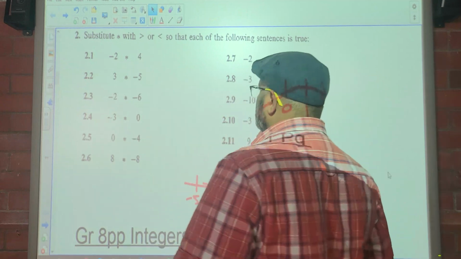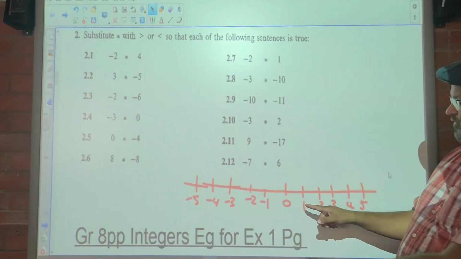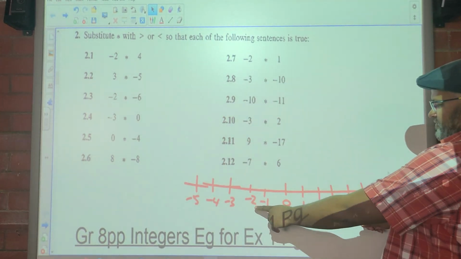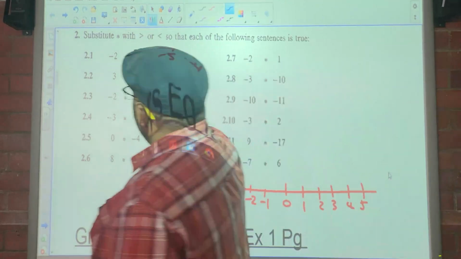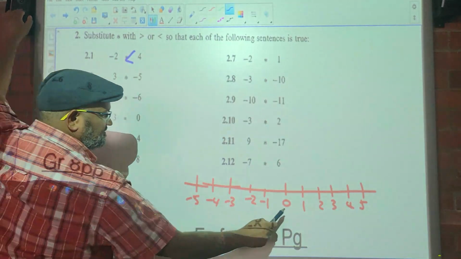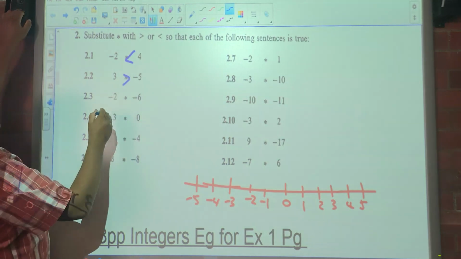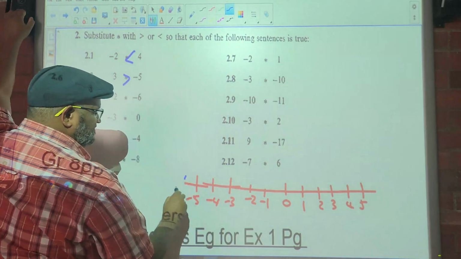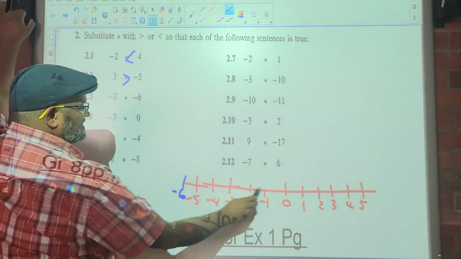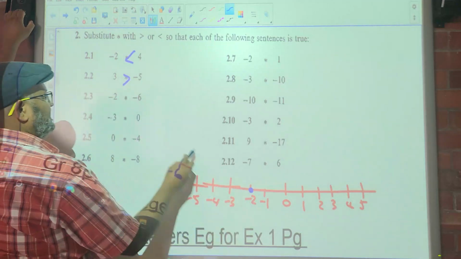Okay. So between negative 2 and 4, which one is greater? 4 is more positive, not so? So 4 is greater. Between 3 and negative 5? 3 of course is greater. Negative 2 and negative 6. Which one is closer to 0 or more positive? Of course it is negative 2.